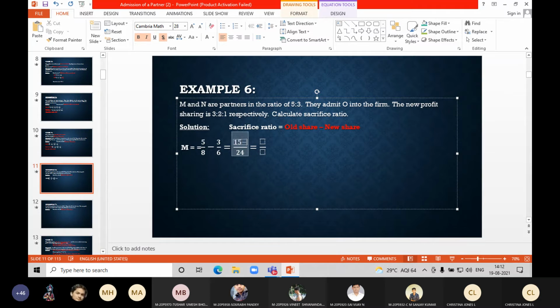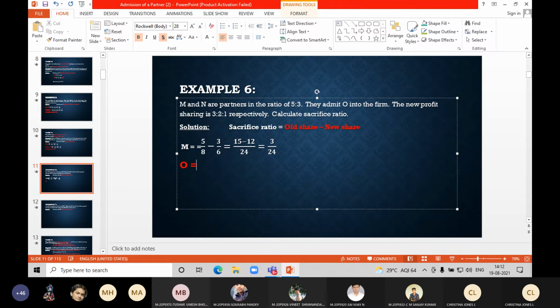So 5 into 3 will be 15. 15 minus 6 into 4. 4 3s are 12. So 15 minus 12 will be 3 by 24.